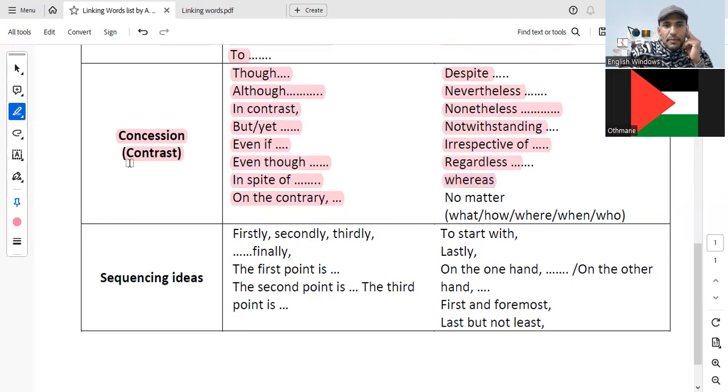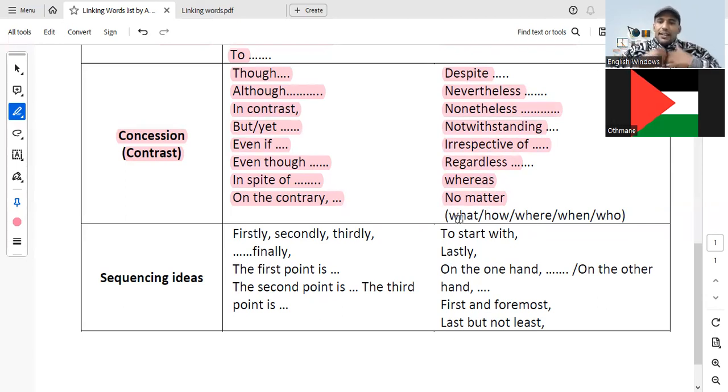"Whereas", to express contrast: I like bananas whereas my brother likes apples. "No matter", here mostly it is followed by a WH word: no matter what, no matter how much money you have, you won't be able to travel to America.